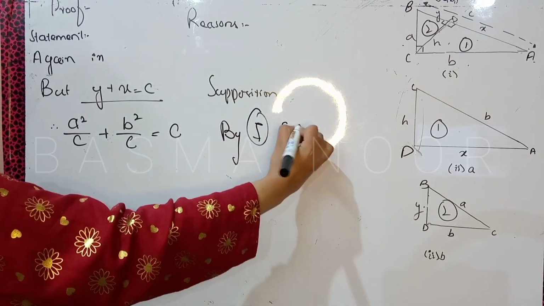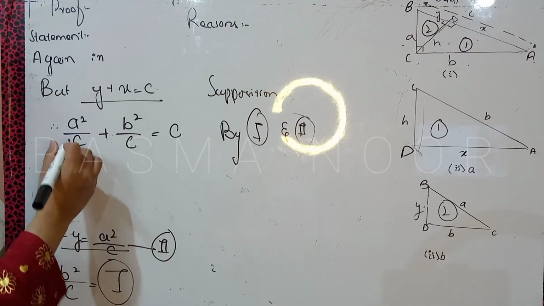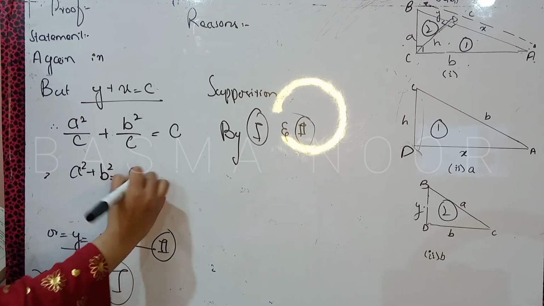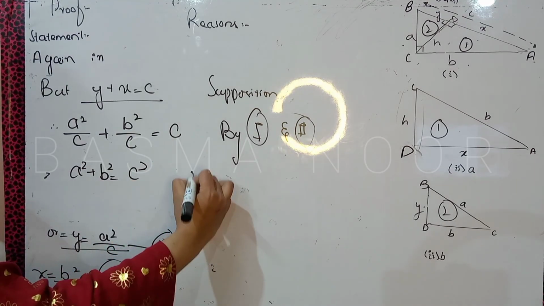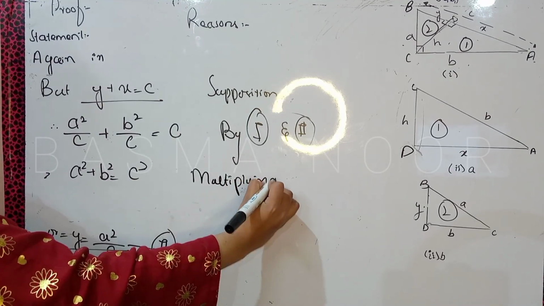You can see that I've taken these two x and y values, and then by taking the LCM, it becomes a square plus b square is equal to c square, because c moves over there and becomes c square, because we have multiplied both sides by c.